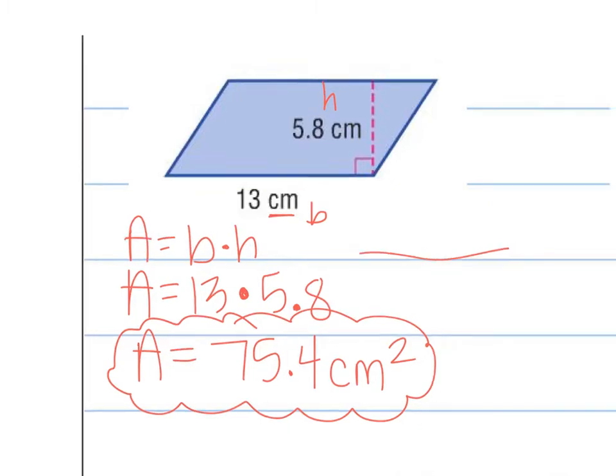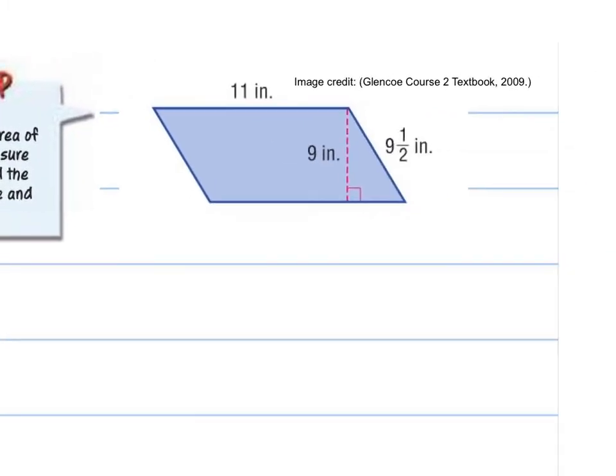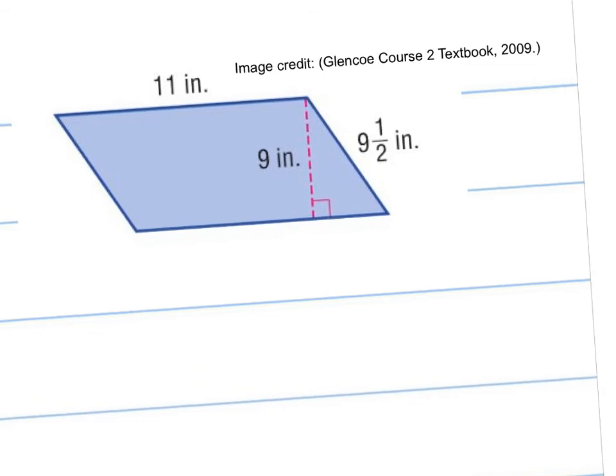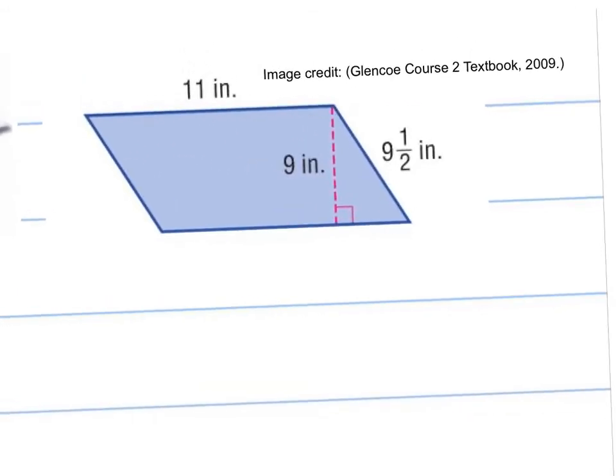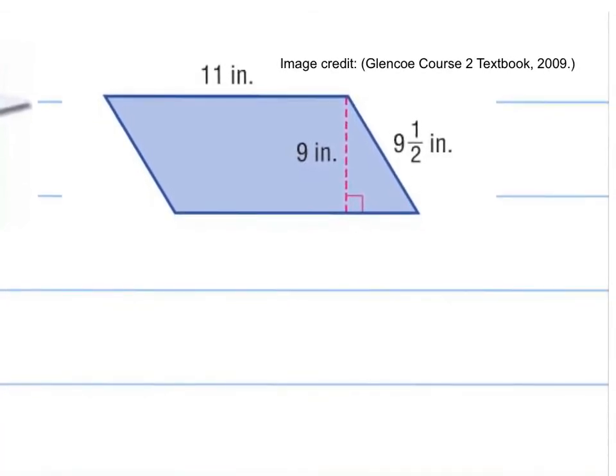Okay, if we look at this one right here, this is also a parallelogram. This time it has 3 things labeled. So we have to be really careful when we look at a parallelogram like this, because this is our base, this is our height, and this is a side. Remember, the area of a parallelogram is base times height.